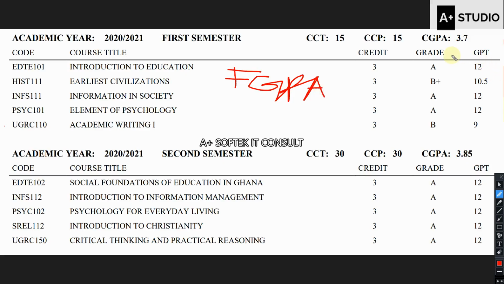Remember, when you are reading a degree or a bachelor's at the University of Cape Coast, it is going to take you 4 years. So within the particular 4 years, you'll be having level 100, level 200, level 300, level 400.